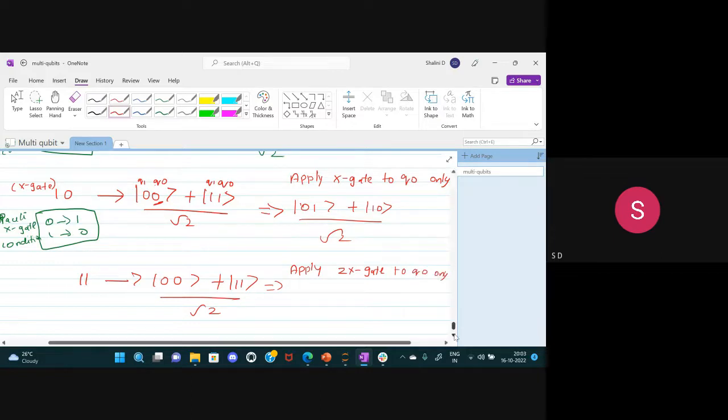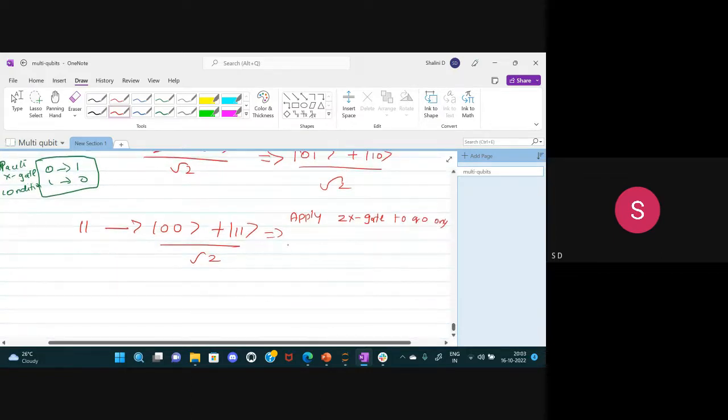First we apply the X gate. It should be from right to left. Right to left, don't get confused: if you have this kind of combination, ZX gate, you need to go from the right side to the left side. That is what I mean by right to left.